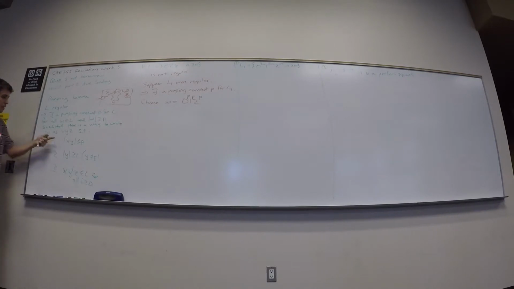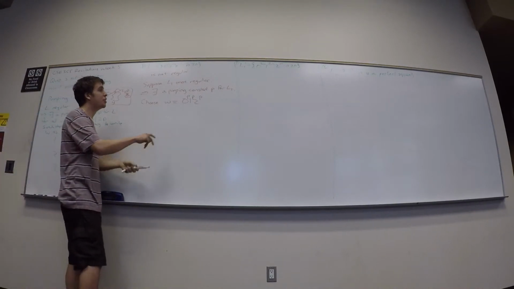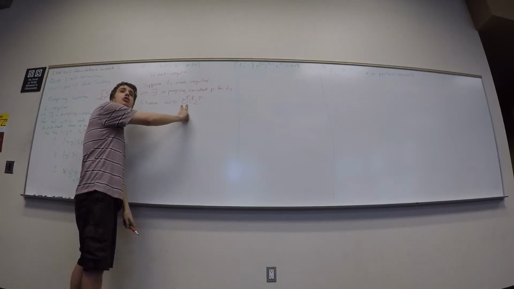Is x, y a prefix of the string? Yeah, it's the beginning of the string. Oh wait, it says that its length is at most p. What does that tell me about x and y? They're all zeros, right? I set this up so that all the first p characters are zeros.